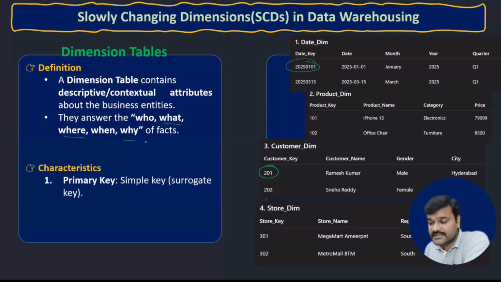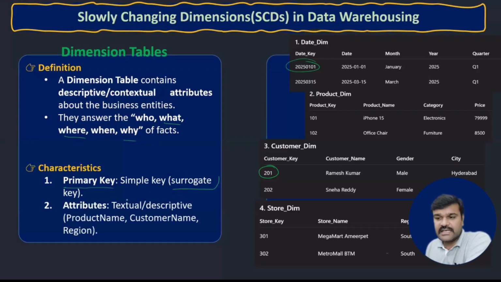And in the dimension tables, who is going to play the key role? That is the primary key, or of course the surrogate key, which we are discussing. Then the attributes give textual or descriptive information: the customer name, the product name, the region. These details you are going to get.